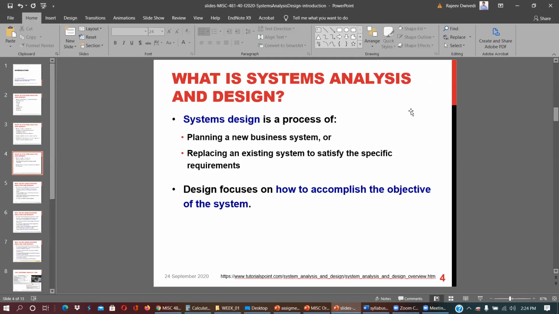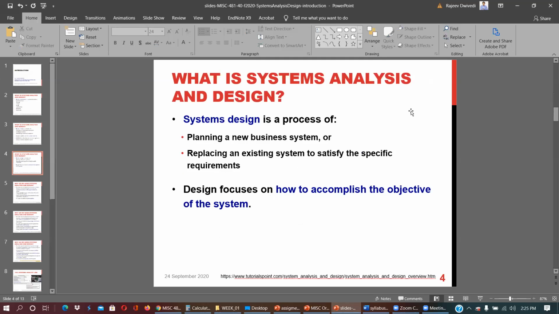What is this system analysis and design course? For example, planning a new business system, or replacing an existing system to satisfy specific requirements.